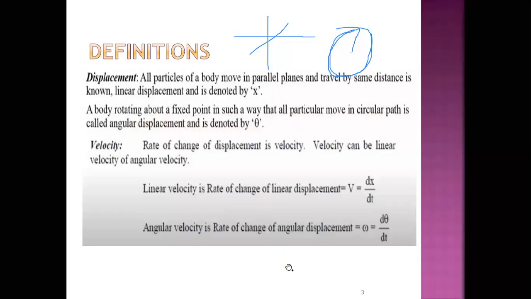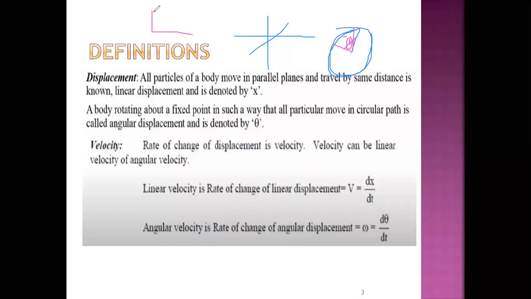How much it covers: suppose initially it is here, and it moves up to this. This I call theta. This theta is called angular displacement.